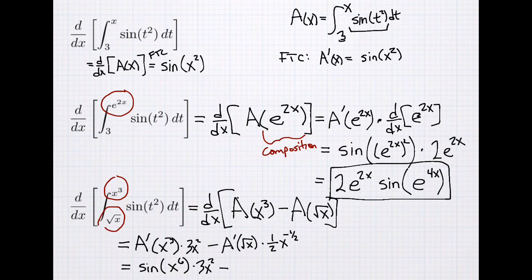And then we'll subtract a prime, that's the sine of the input squared, square root of x squared, times the derivative of the square root. So that's 1 over 2 square root of x. And normally we want to simplify how that looks, so we would put the 3x squared in front: 3x squared sine of x to the 6th, and then minus 1 over 2 square root of x times sine of x.